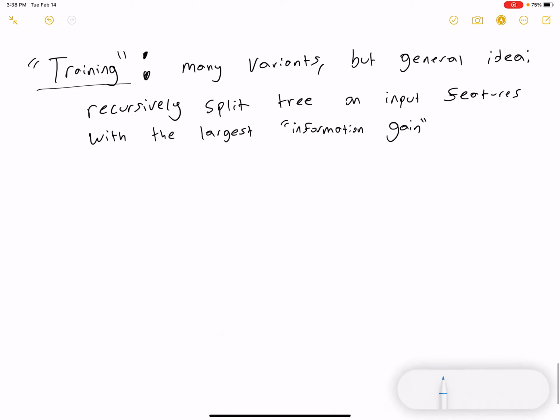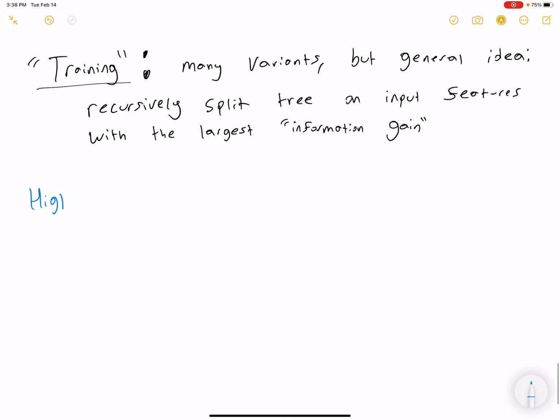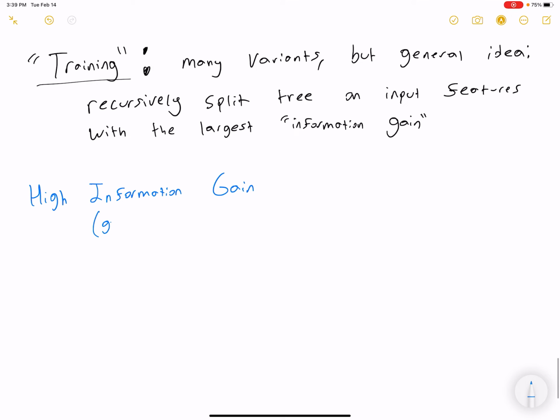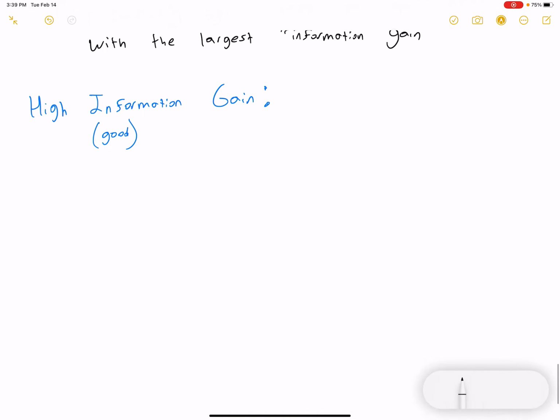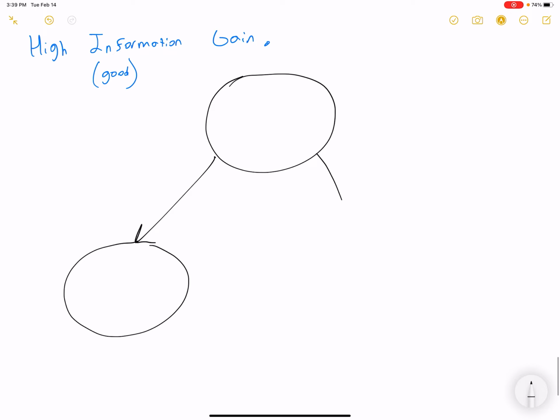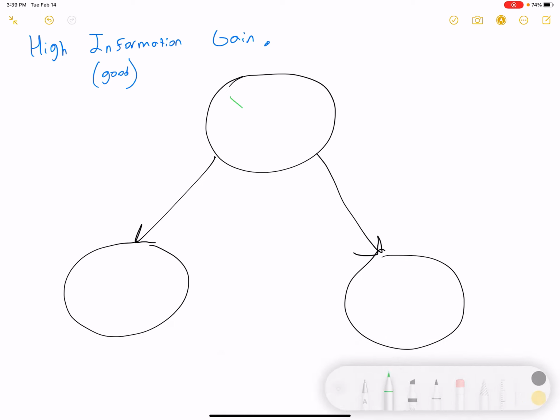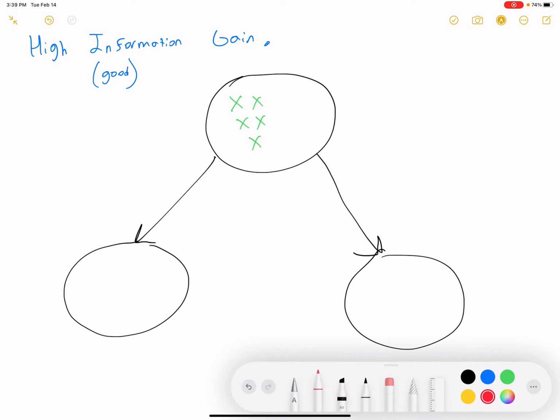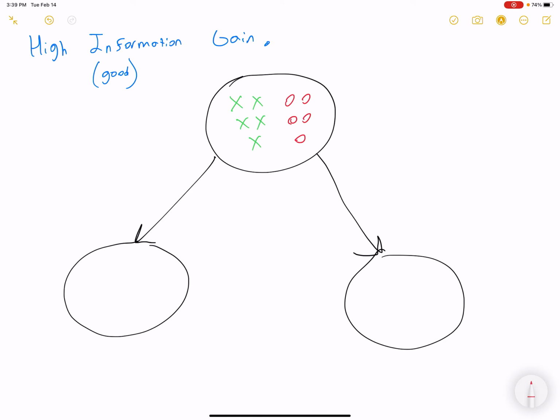So when I say high information gain, which is good in general in life, it's good to gain information. Then let's say we have a node that can be split in this way, and our data set has 5 of the green X categories and 5 of the red circle categories.